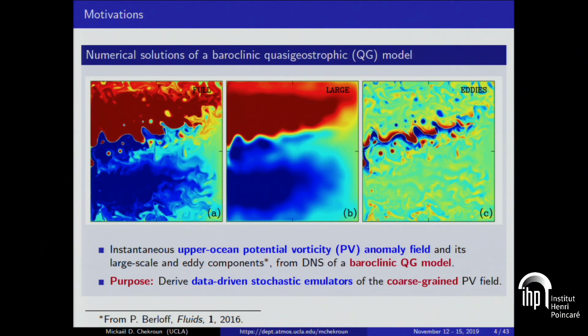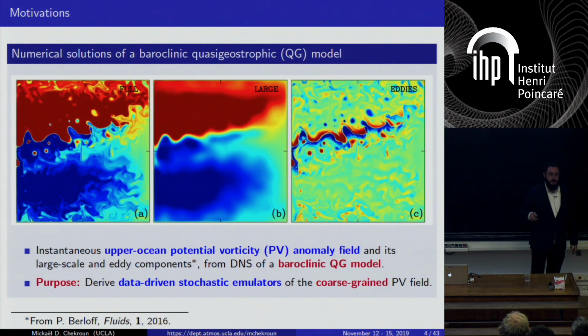In the middle is the time average of this field as time evolved. And then when you subtract, you get this anomaly component. And this is obtained from a direct numerical simulation, DNS, of this baroclinic QG model. So we see that this is the wind-driven oceanic circulation. So we have the double gyre.